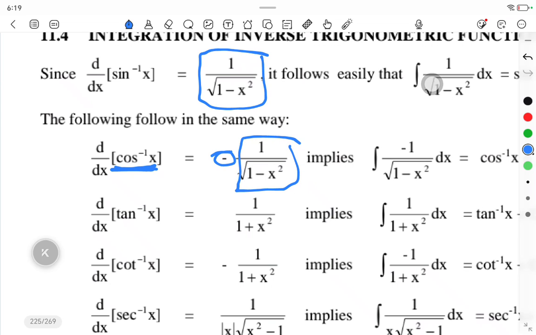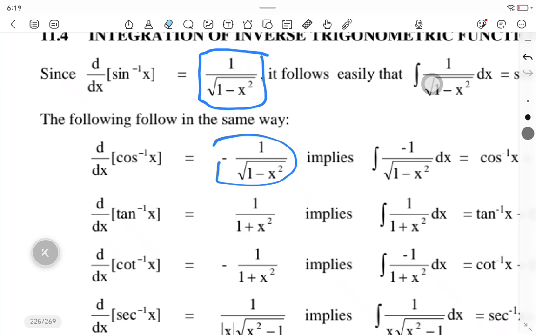This is the one for the arcsine, so this will just be negative, the same function. So this one you must always know is the same function, it just comes with a negative.